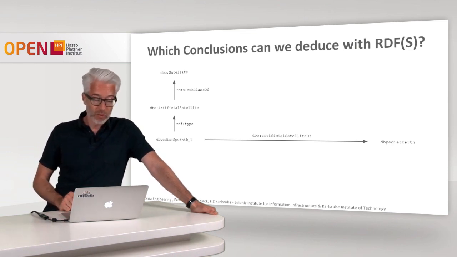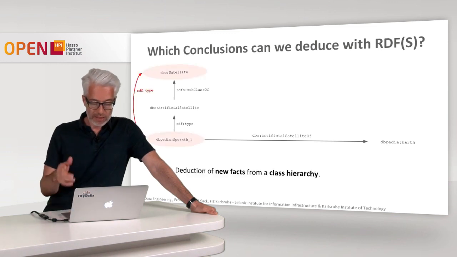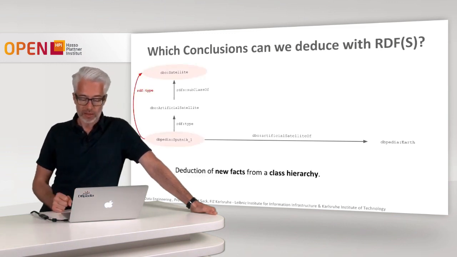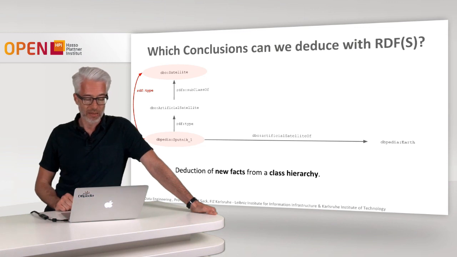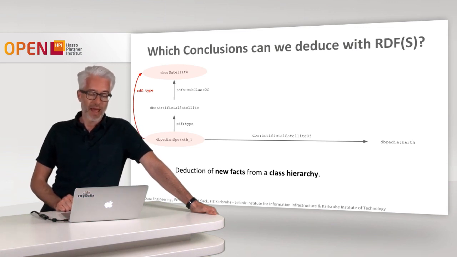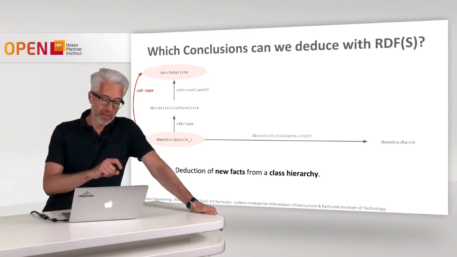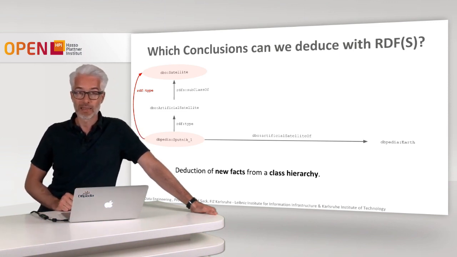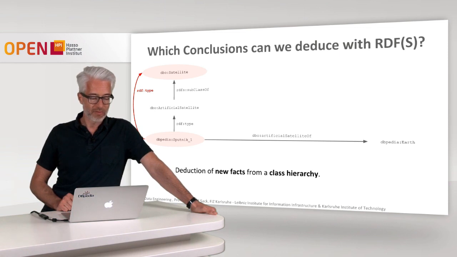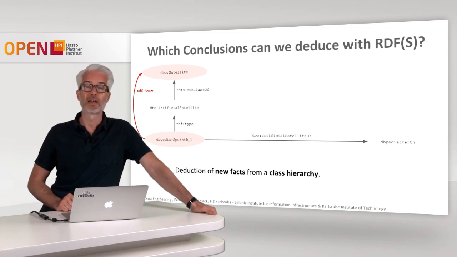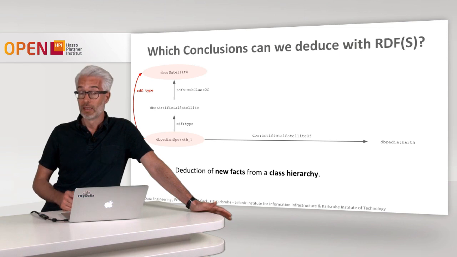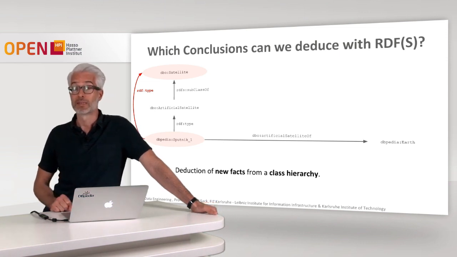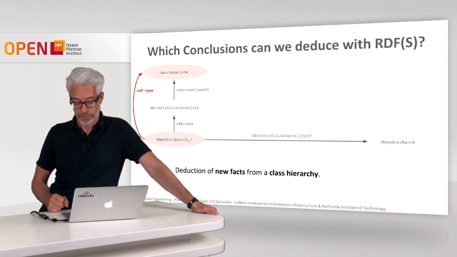What we can see here, we know this from the subclass relation, is that we can deduce new facts from the class hierarchy, simply because every instance of the class artificial satellite must be contained also in the class satellite, meaning that we can deduce the fact that Sputnik 1 is of type satellite. This is a valid and sound conclusion.